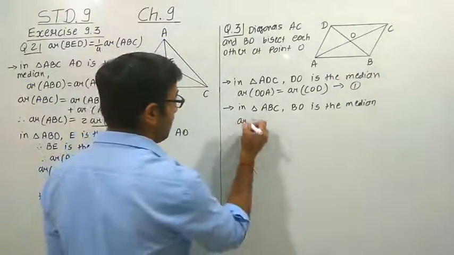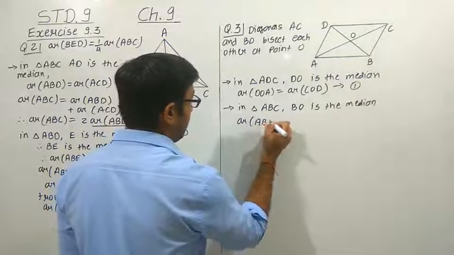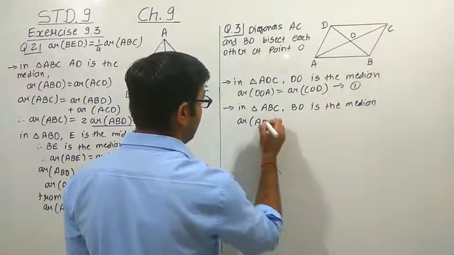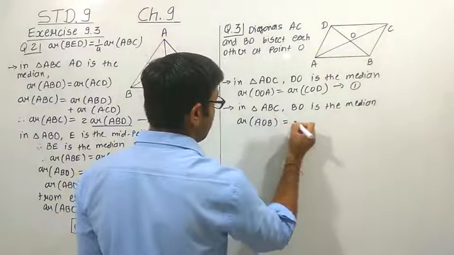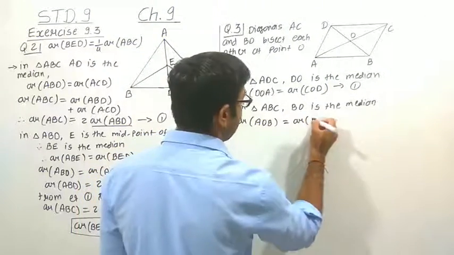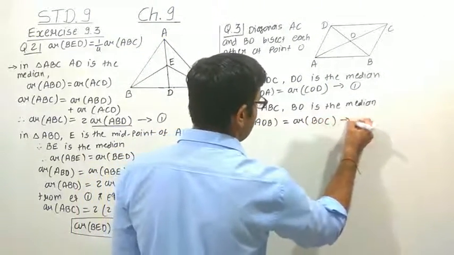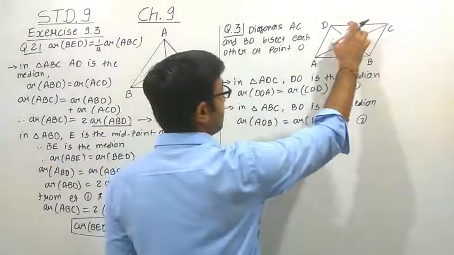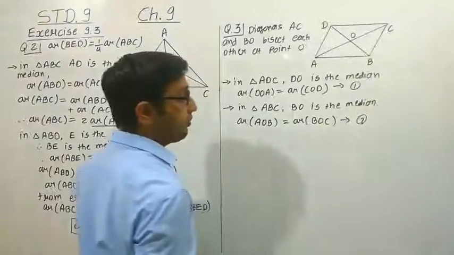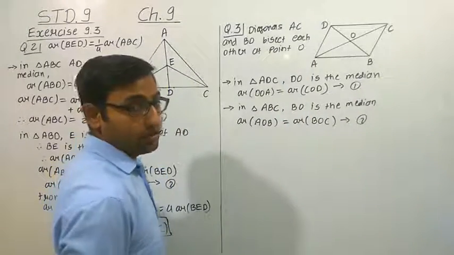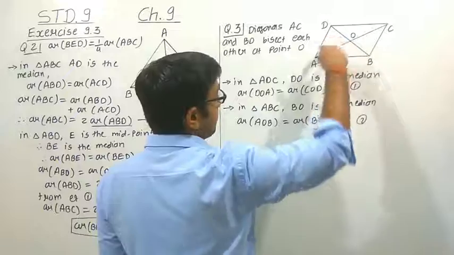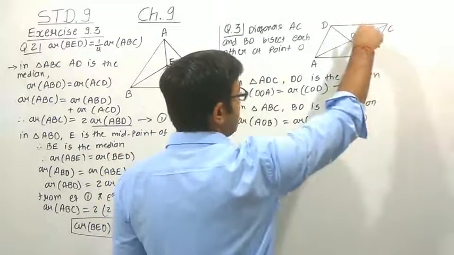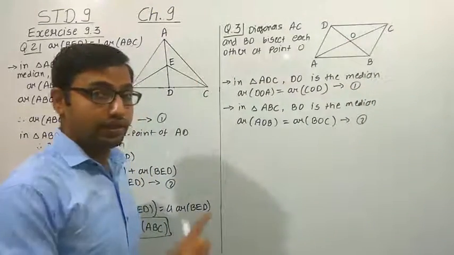So we can write down that area of AOB is equal to area of BOC. Give it the equation number 2. So currently we proved that these two triangles have equal area, and these two triangles have equal area, but we have to prove that all the four triangles have equal area. So now consider either this triangle ABD or the triangle BCD, so that adjacent triangles also have equal area. That we can prove here.